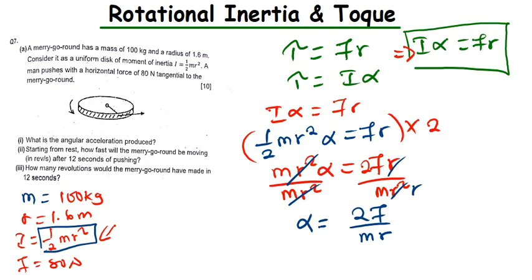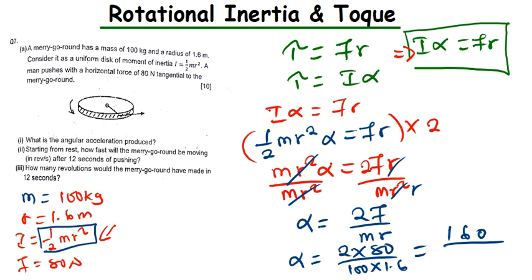Let's try to plug in the values. Our alpha will be 2 times 80 divided by, the mass is 100 times the radius is 1.6. So 2 times 80 is 160. I divide everything by 100 times 1.6, which is also 160.